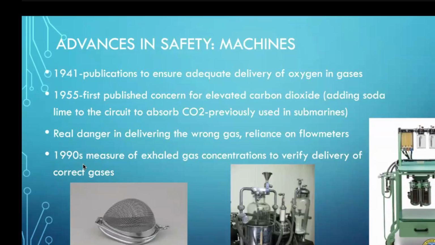Now, if you deliver just nitrous oxide to a patient, they won't get enough oxygen to supply their body. So with early anesthetics that used nitrous oxide, patients would not be getting oxygen and could have all kinds of problems, brain damage, any of those sorts.